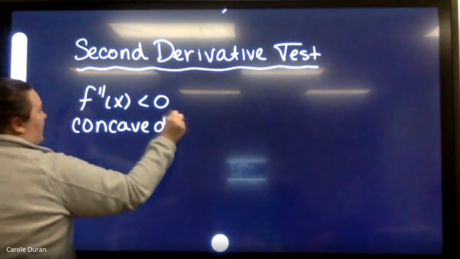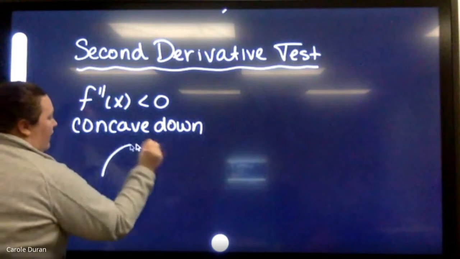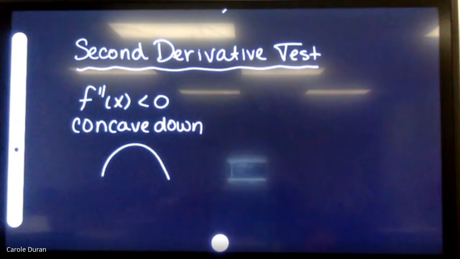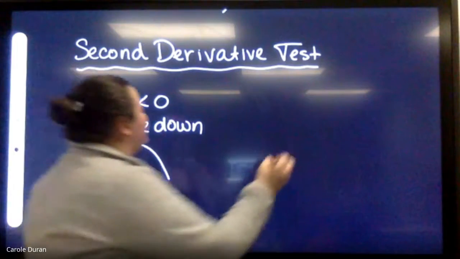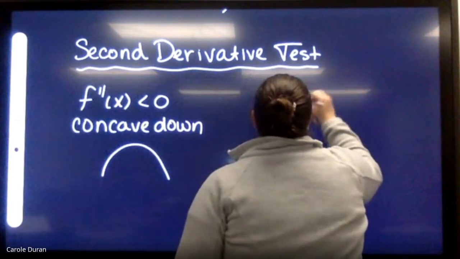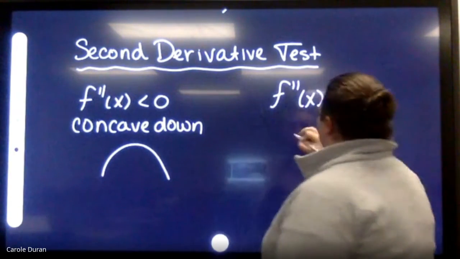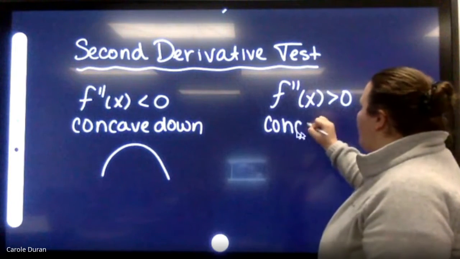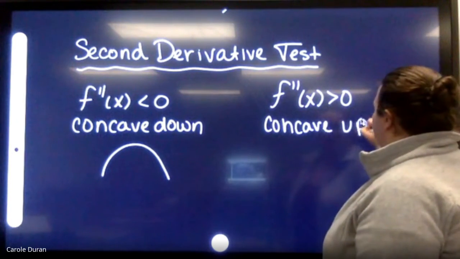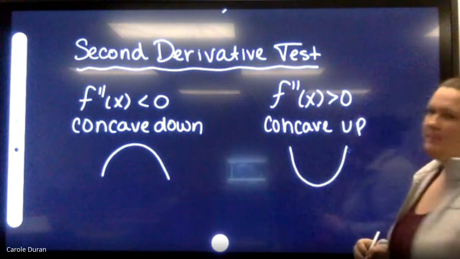If we can't remember what concave down is, it looks like a frown. If I get a second derivative that is positive, greater than 0, then that interval is concave up. Up like a cup.